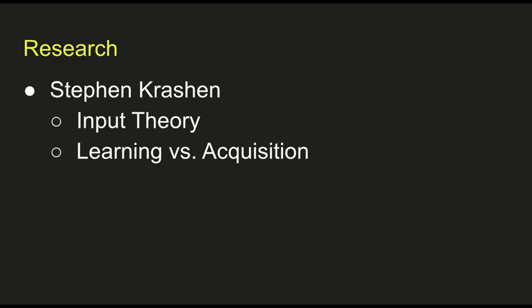The next topic is learning versus acquisition. Krashen distinguished between explicit studying and learning of a language versus unconscious acquisition. In my research, Stephen Krashen and Bill Van Patten, who also supports Krashen's theories, said that the mental representation that we have in our heads cannot come from explicit grammar instruction.